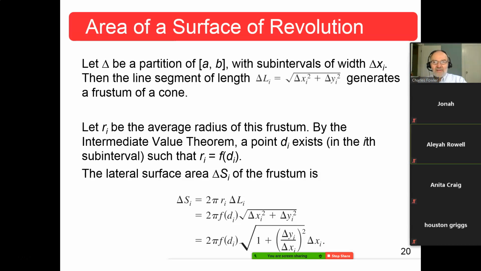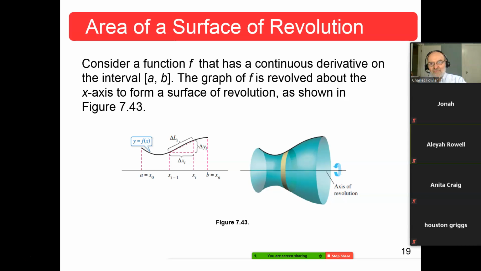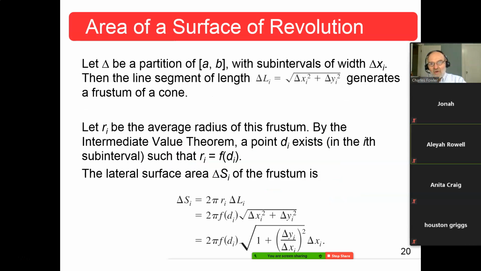Now, if your delta, or whatever you want to call that, is your partition of a to b with subintervals of width delta x sub i, this is all stuff we've done over and over again, then the line segment whose length delta L sub i is the square root of delta x sub i squared plus delta y sub i squared, okay?